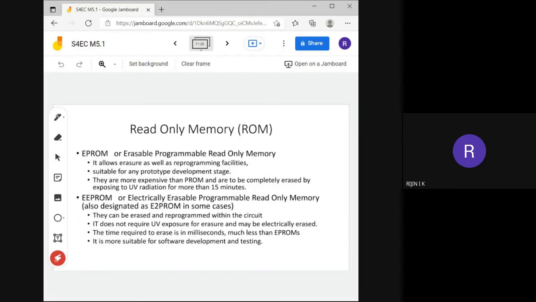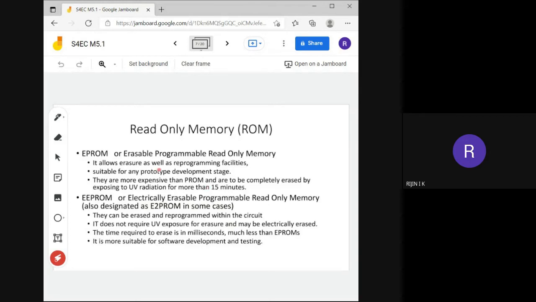It is also reprogrammable memory, but the only difference compared to EPROM is that for erasing the content in this memory, we use some electrical circuit. Using an electrical circuit to erase contents is why we call it electrically erasable programmable read-only memory.